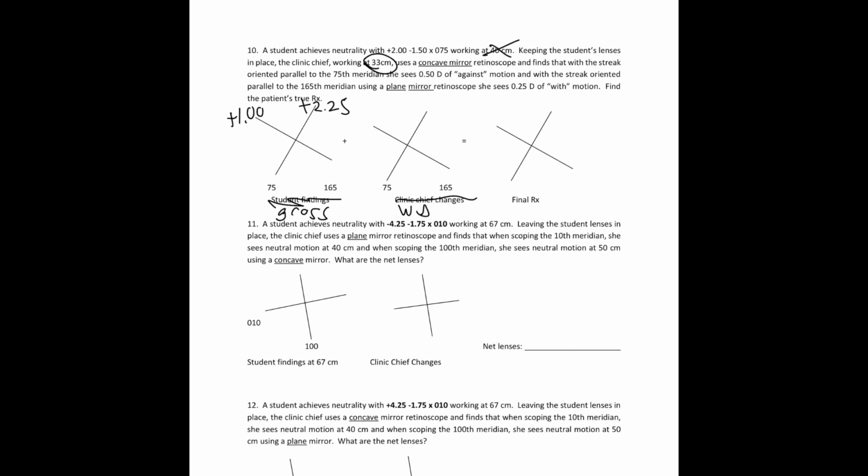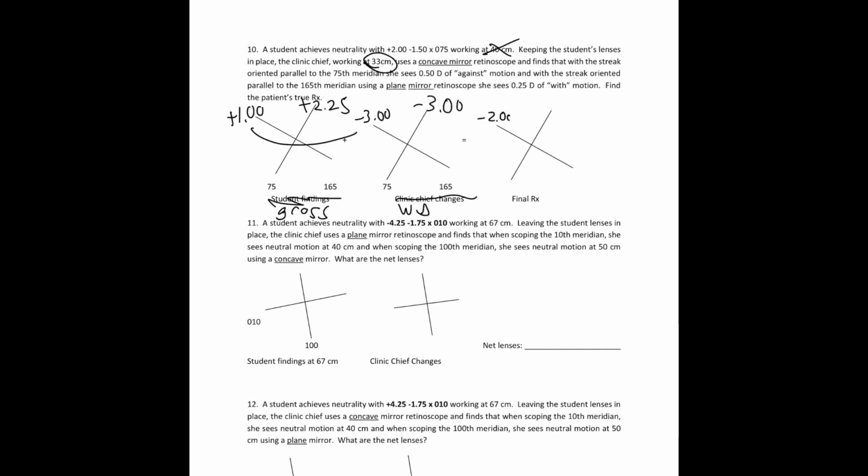And then this will be our working distance. So at 33 centimeters, that's minus 3. And he uses the same working distance for both meridians. If we combine that, so we combine this, that's minus 2. And then we combine this, and that's minus 0.75.